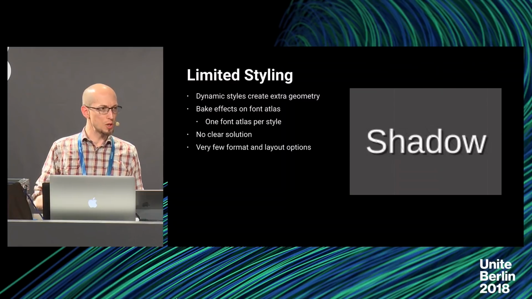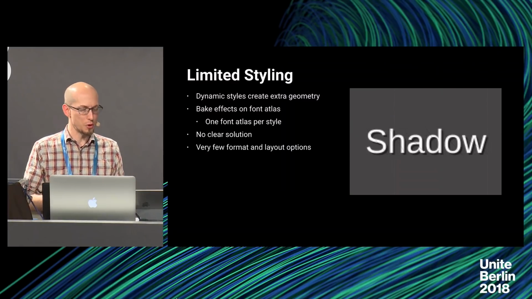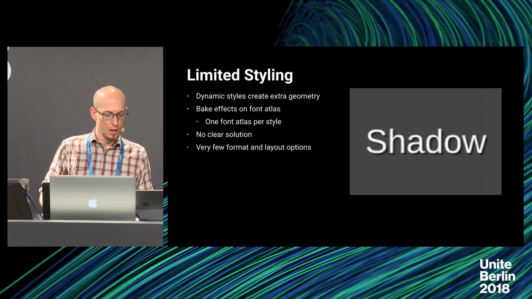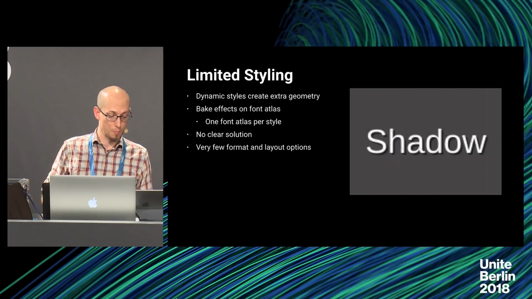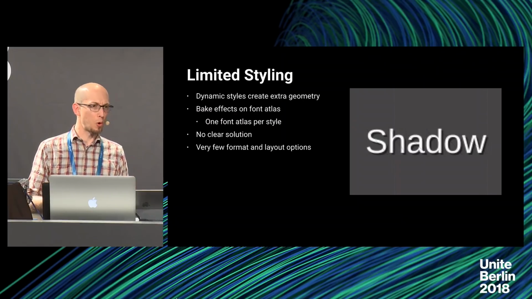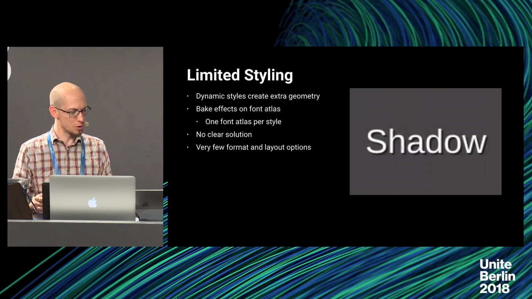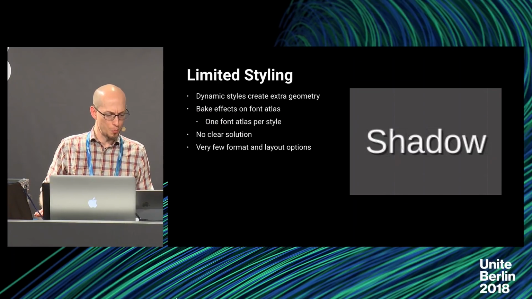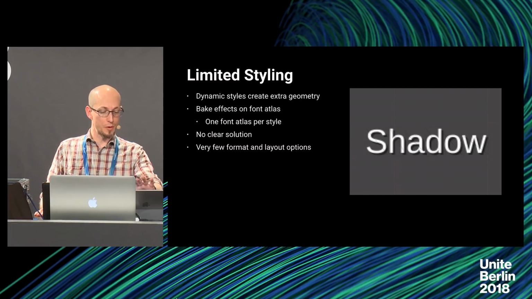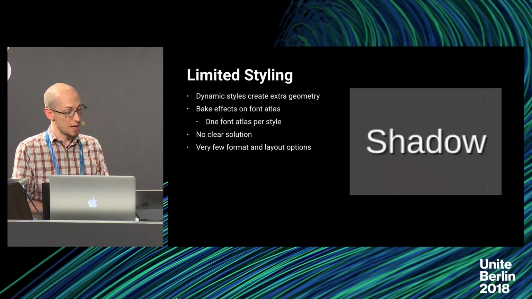It's a slow workflow. You go back and forth between Unity and your editing tool. And you have the same problem as before. You're adding even more resources to your project. So it feels like you're trading off performance versus memory consumption. There's no clear solution for you. And finally, there are very few options available to format and lay out your text.